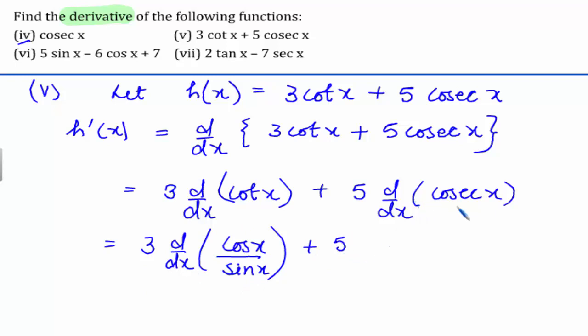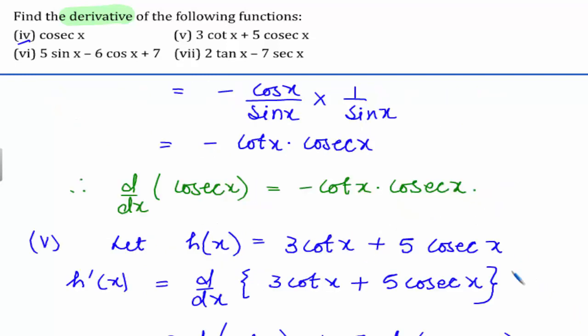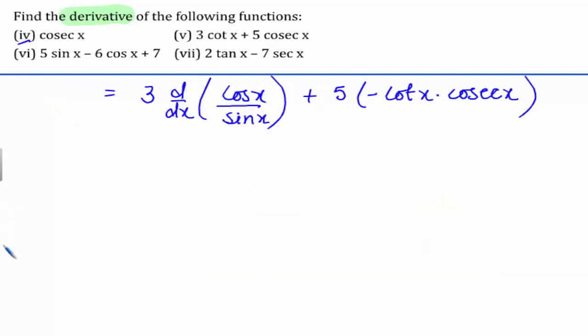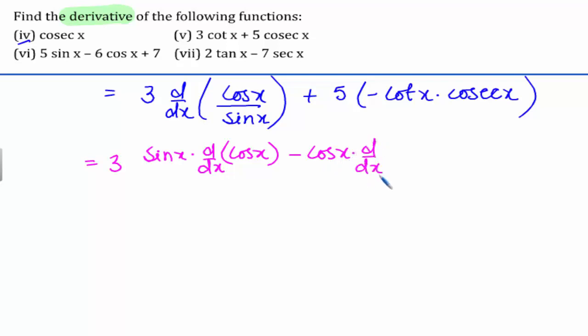So we have 3 times sin x into the derivative of cos x minus cos x into the derivative of sin x, divided by sin x whole square, plus 5 times of minus cot x into cosec x.